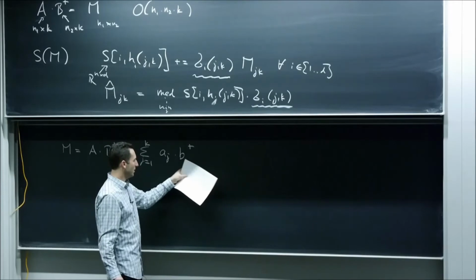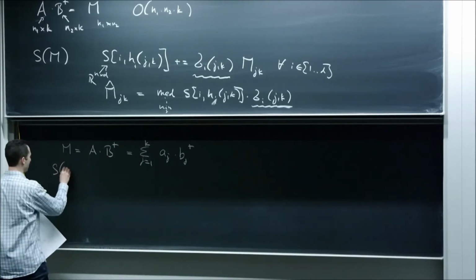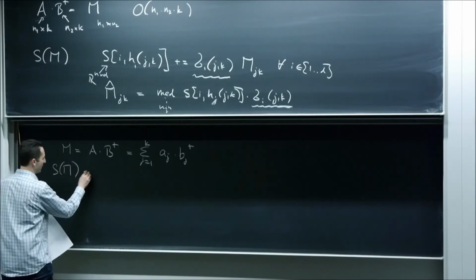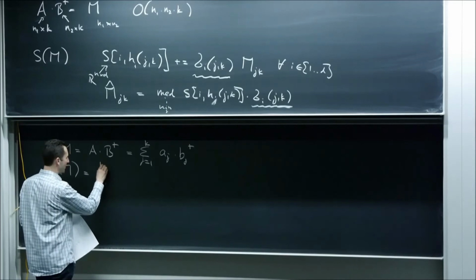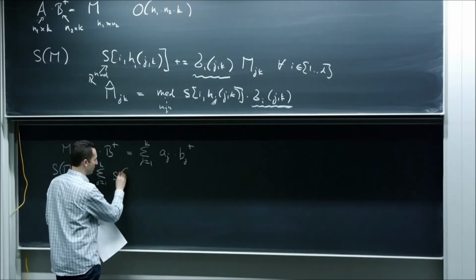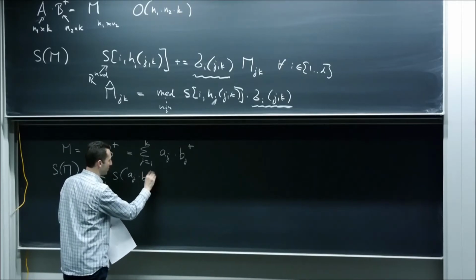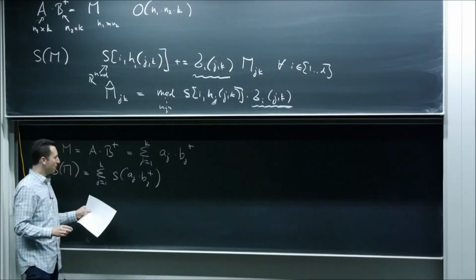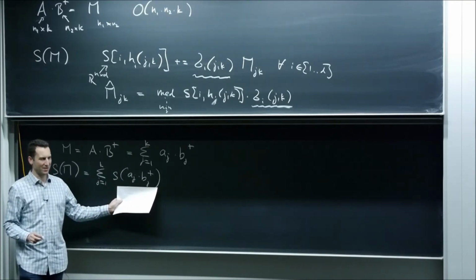So the approach is going to be now to compute the sketch of M as the sum j equals 1 to k of sketch of A_j times B_j transposed, which initially looks like a crazy stupid way of going about things, right?